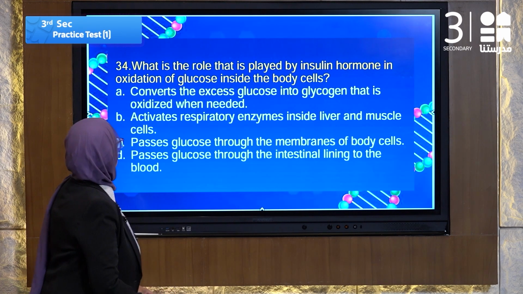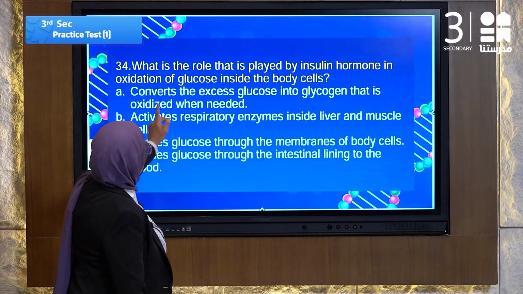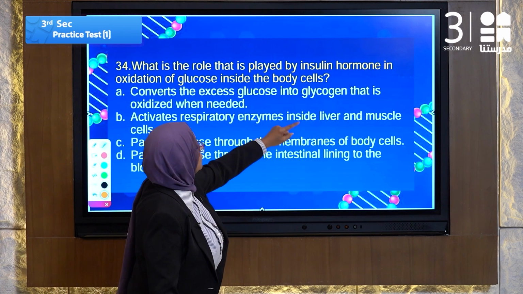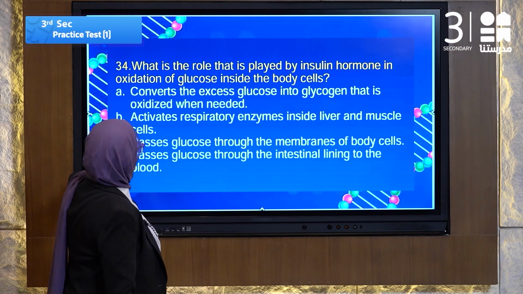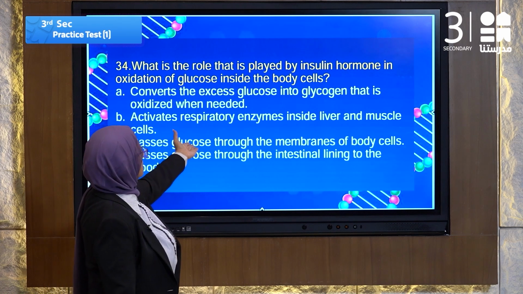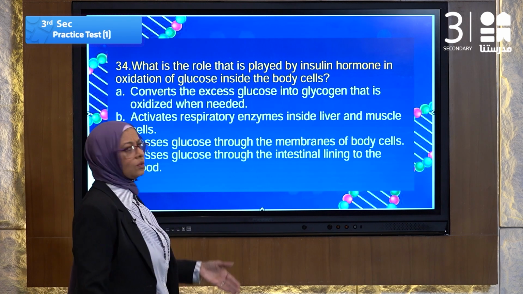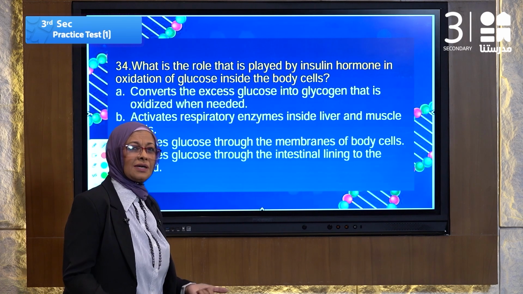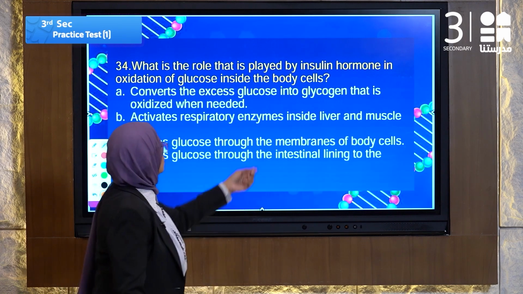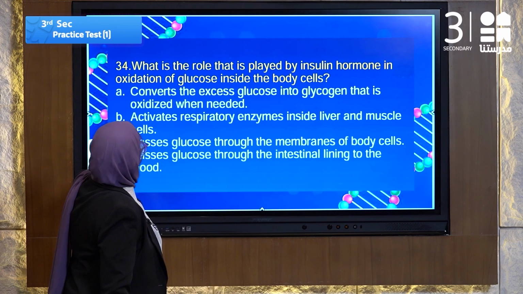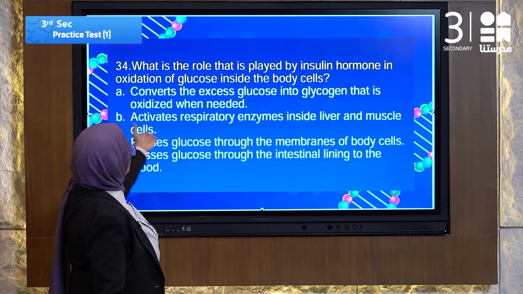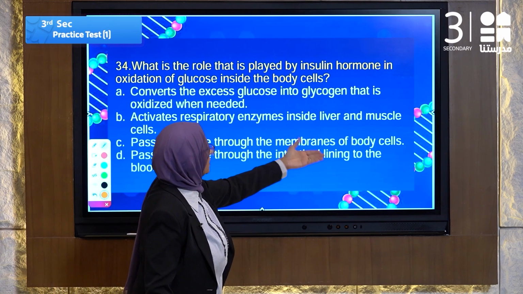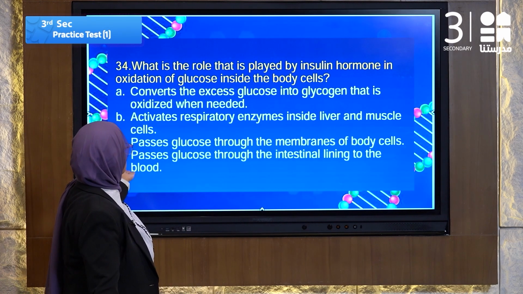Let's read the choices. Number A, convert the excess glucose into glycogen that is oxidized. Glucose to glycogen, oxidized? No, it is stored. B, activate respiratory enzymes inside liver and muscle cells.